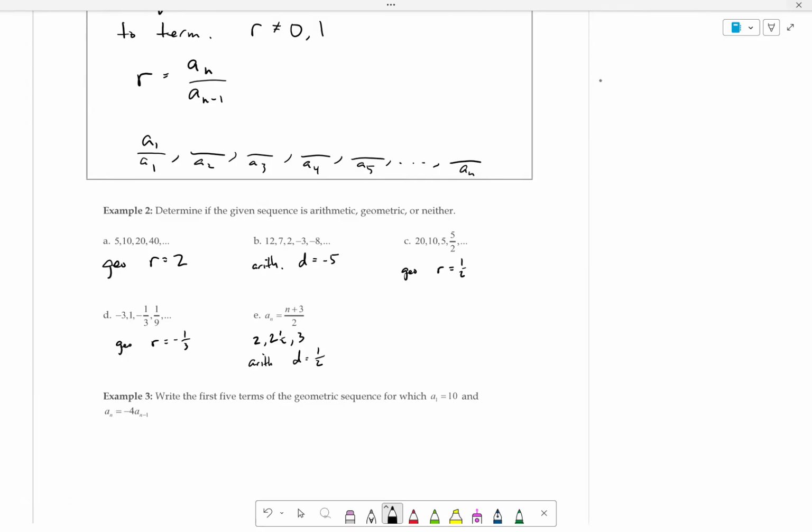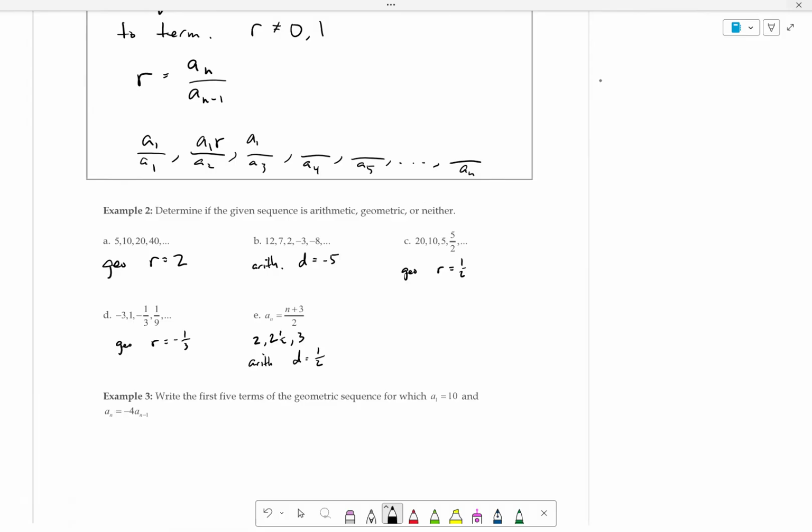The second term is a sub 1 times r. Now, a sub 3, I could say a sub 2 times r, but I want to relate it to a sub 1. A sub 1 times r, times r. Are we good with that?